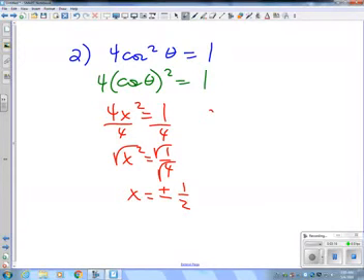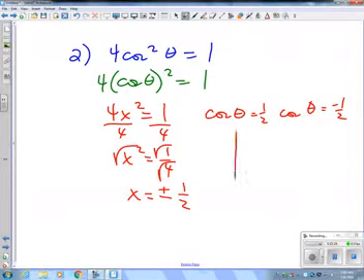So now I'm looking for where the cosine of theta equals 1/2, and where the cosine of theta equals negative 1/2. And so I'll go to my unit circle and think about the fact that cosine is positive on the right and negative on the left. It's positive in quadrants 1 and 4 and negative in quadrants 2 and 3. So it's going to have an answer in each quadrant.